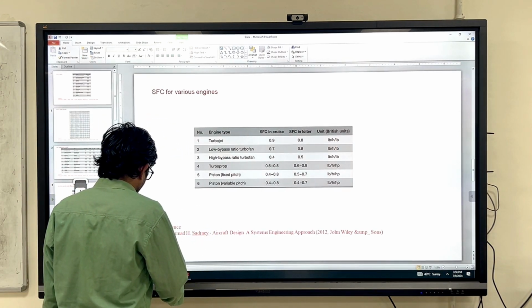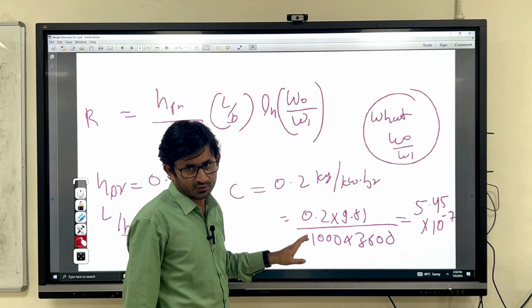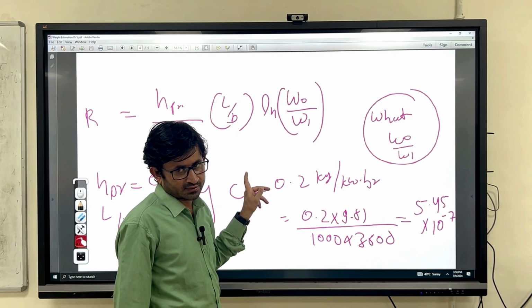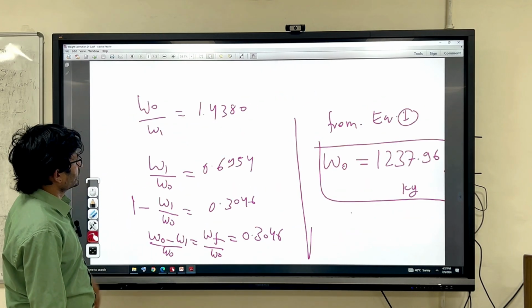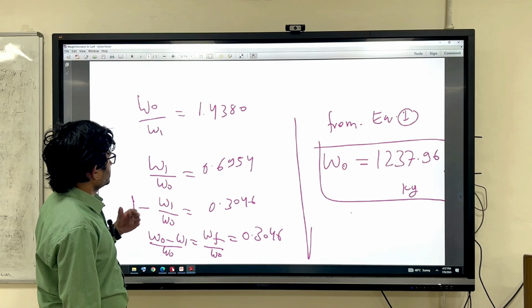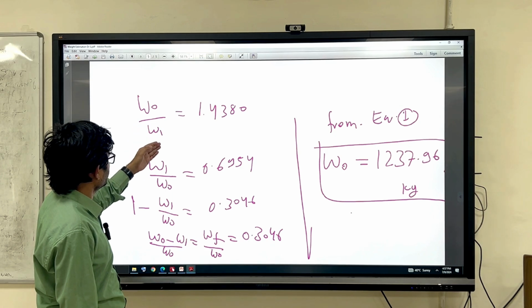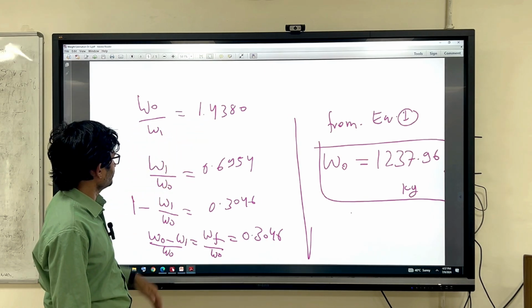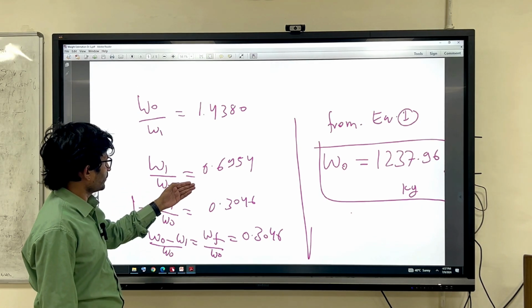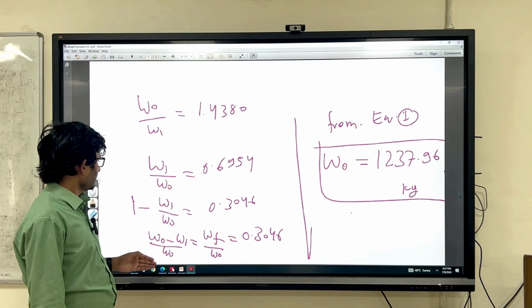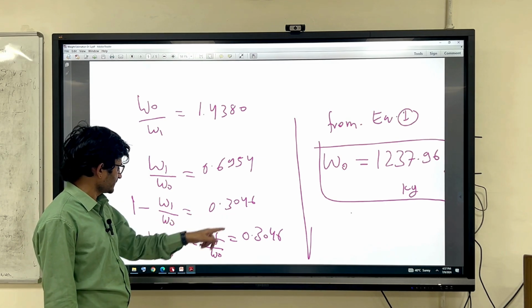So when I am taking C equal to 0.2 kg, I have converted this unit into kg per kilowatt hour. You can go back to that slide, take the value and convert, and you will get the same. Now if you substitute all the values which we have taken, you will get W naught by W1 as 1.4380, and if you reverse this, you will get W1 by W naught equal to 0.6954. Subtract one from both sides, and you will get 0.3046.